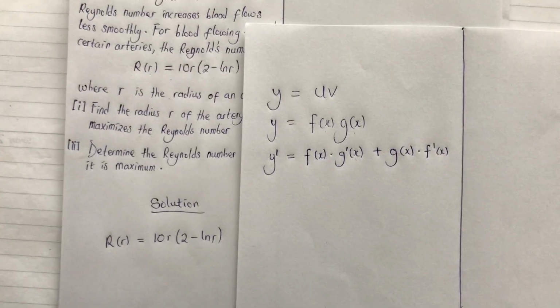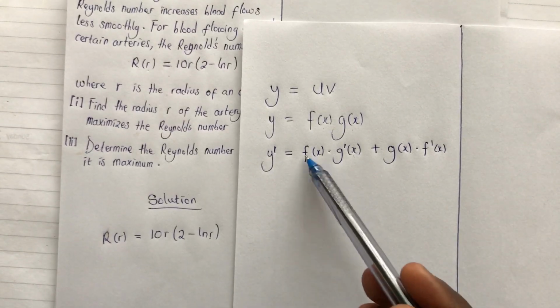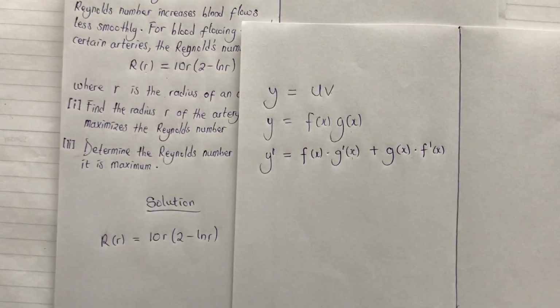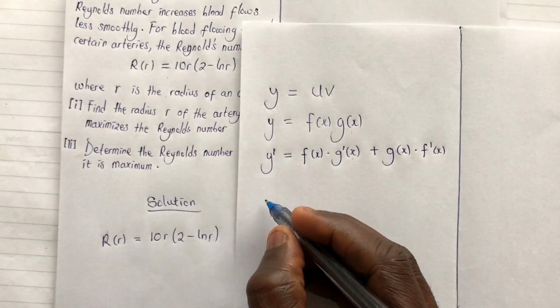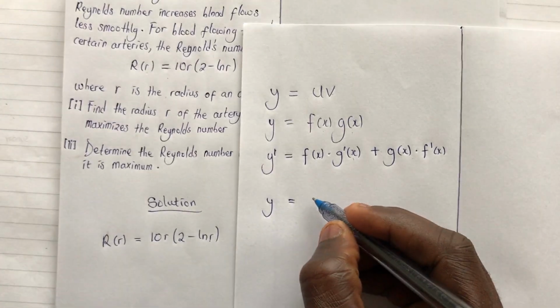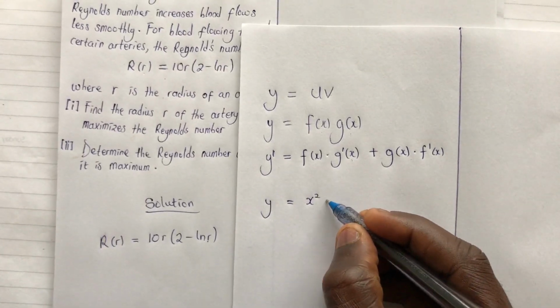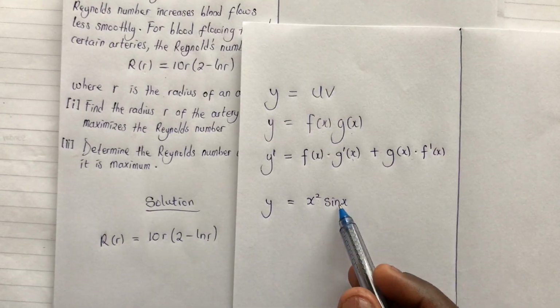You multiply. So now when I substitute the result of these functions inside the formula here, I can generate my final answer. So let's assume that y was equal to, let's say, x squared sine x. So this is x squared, this is sine x.